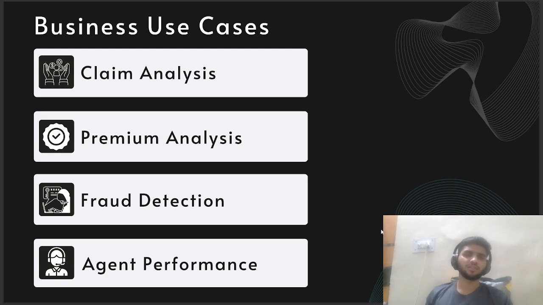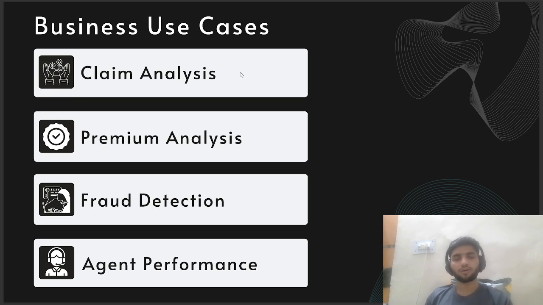Business use cases: there must be business cases in claim analysis, premium analysis, fraud detection, and agent performance. In claim analysis, we would see how the customers are claiming their own policies. In premium analysis, we would see what they pay in a certain period of time.